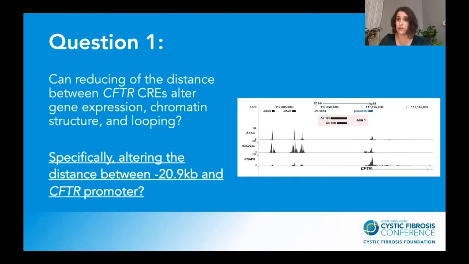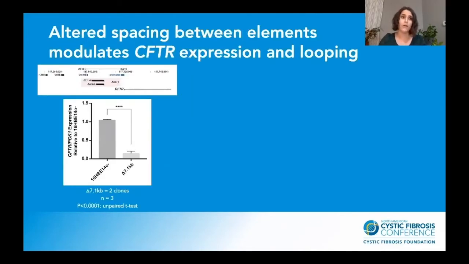It binds CTCF, and it's very important for maintaining the normal looping structure of the locus in 16-HBE cells. When we shorten the distance between the promoter and minus 20.9, we can see by the average of 2 clones that CFTR expression is dramatically reduced.